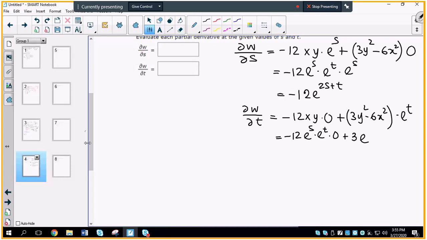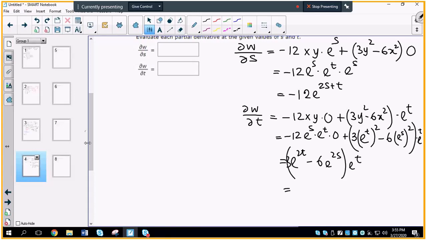Remember, y is e to the power t, so I do e to the power t squared, minus 6x squared, so e to the power s squared. All of that is going to be multiplied by e to the power t. Okay, so I get 3 e to the power 2t minus 6 e to the power 2s multiplied by e to the power t.